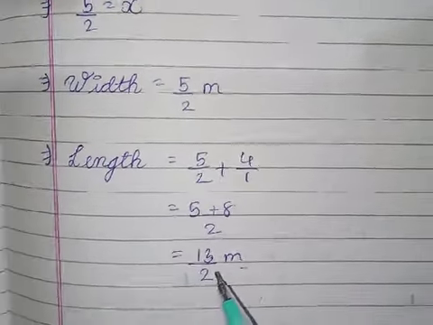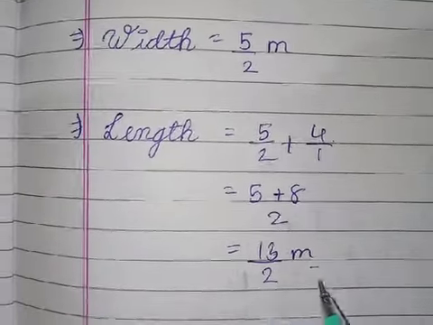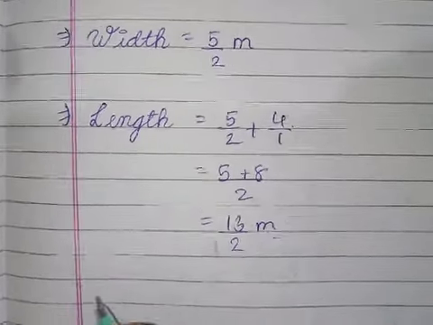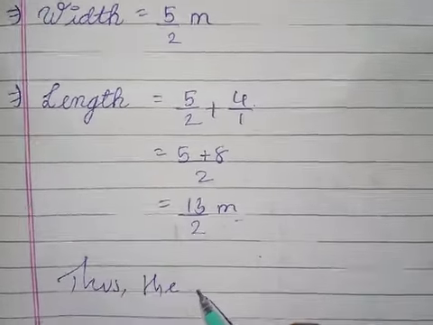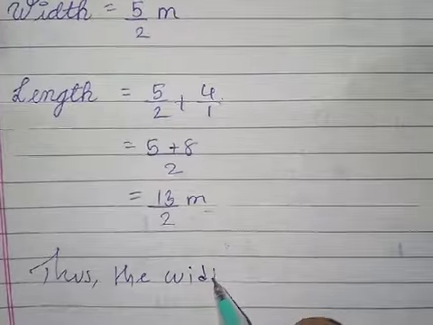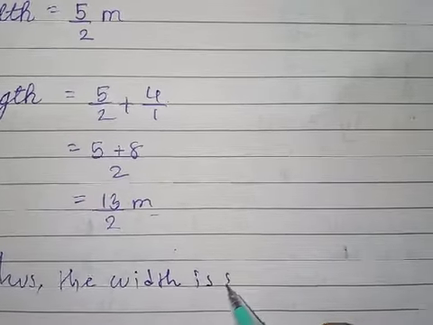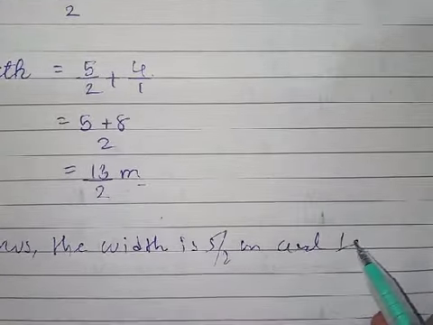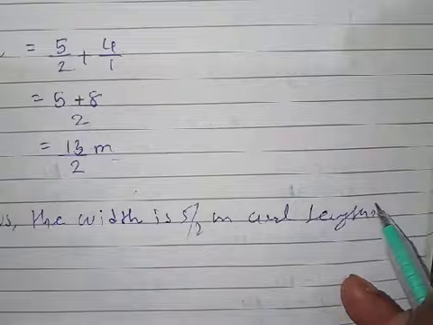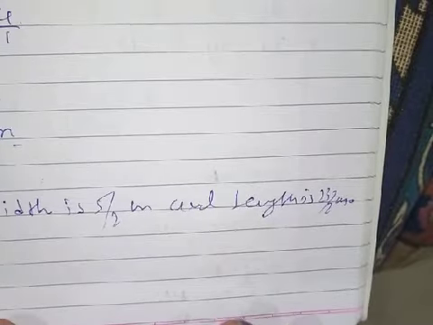So the result is, the width is 5 by 2 meters and the length is 13 by 2 meters. It is important to write the result.